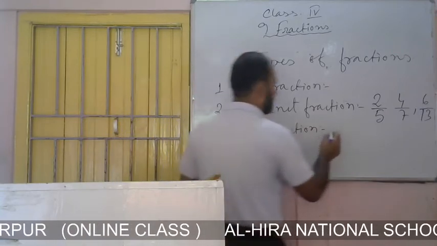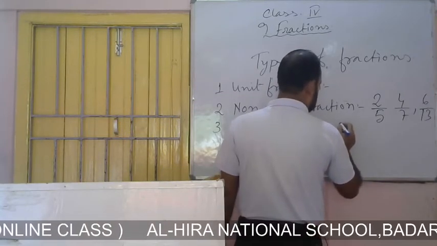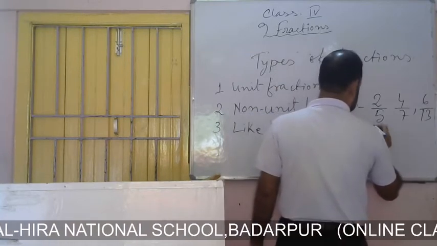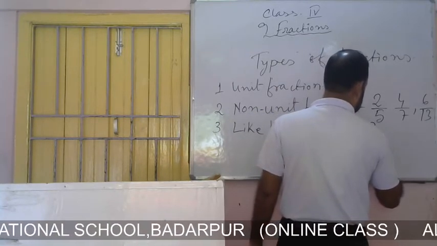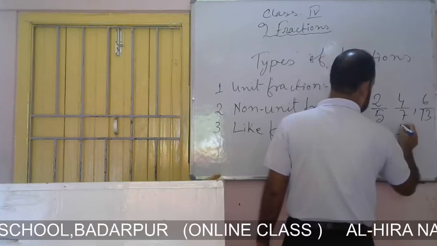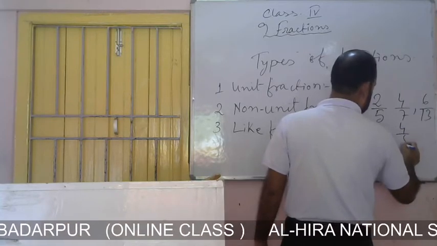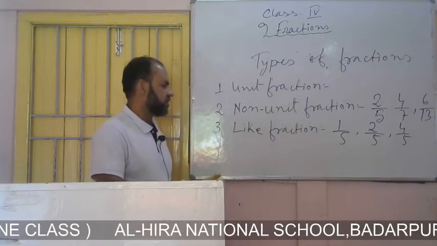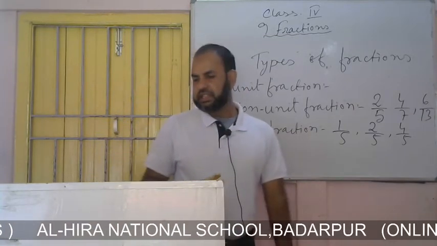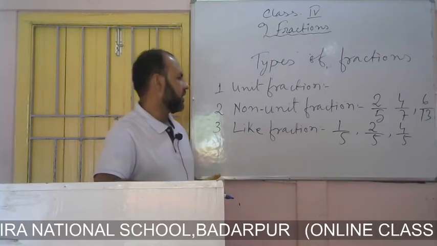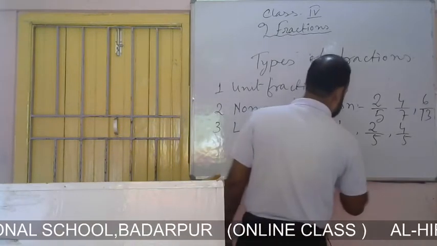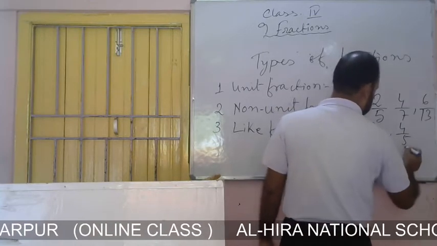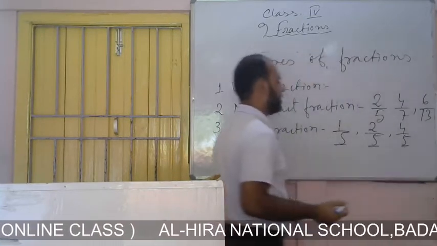For example, 1 by 5, 2 by 5, 4 by 5, etc. Here the denominator is 5, 5, 5.